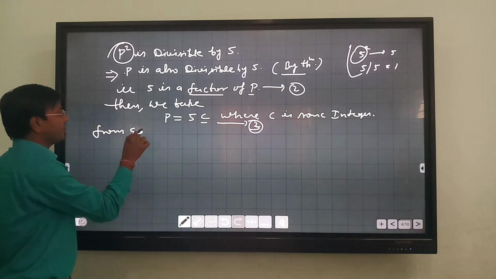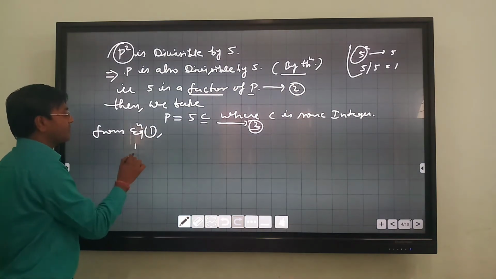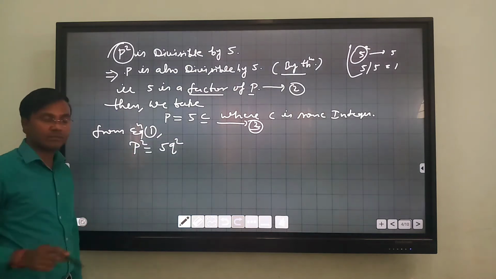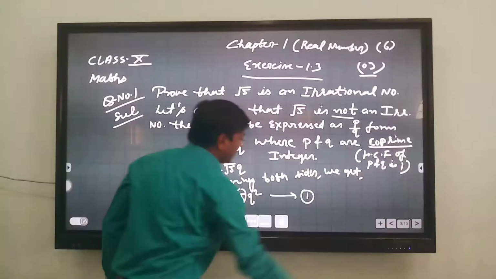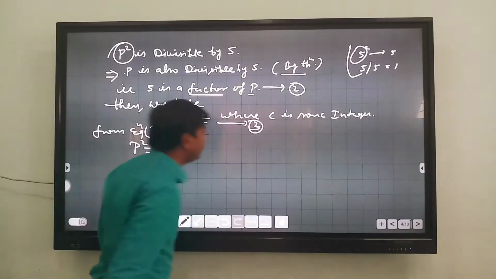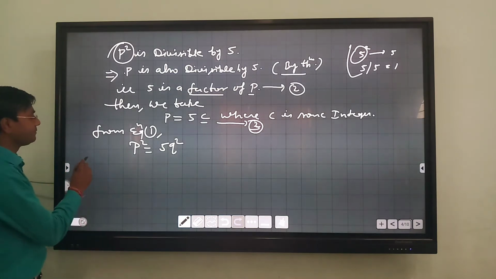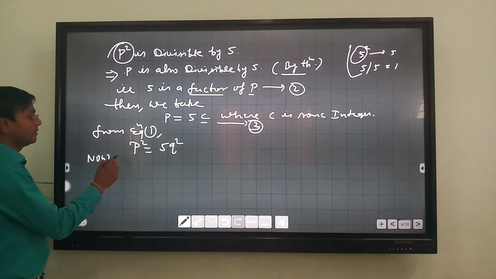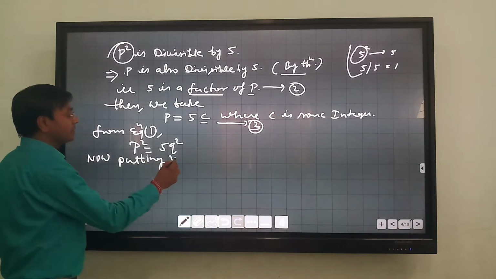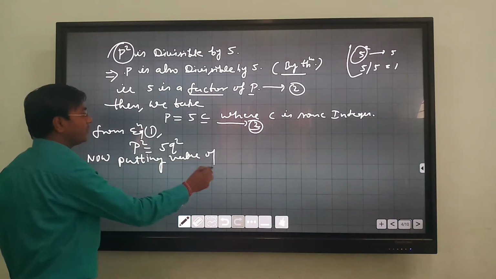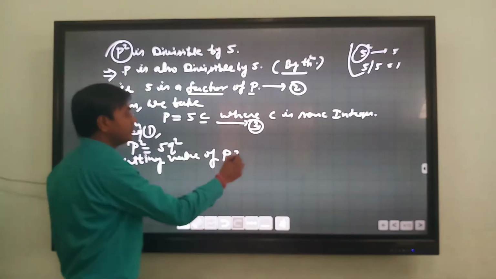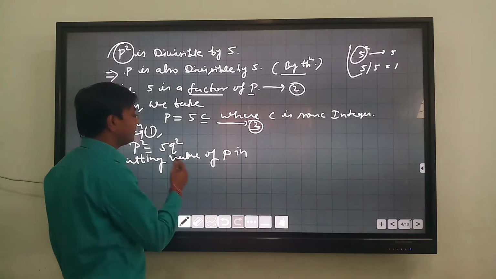So from equation first, what was the first equation? p square equals 5q square. Okay, you can see p square equals 5q square using equation first. So now, putting the value of p, which is assumed in equation third, in equation first.